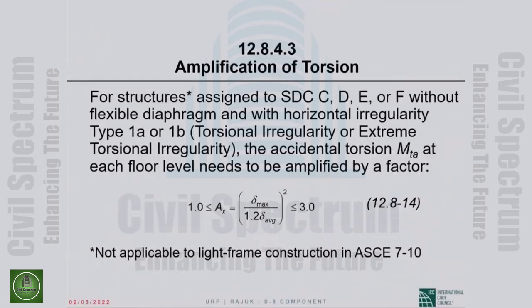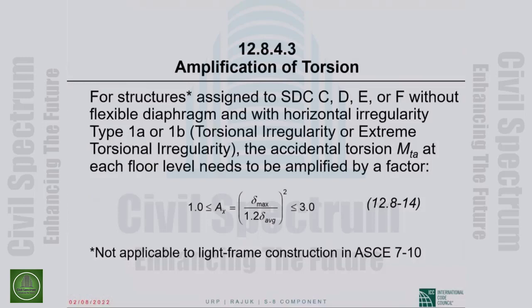So the first thing is 25% increase. Second thing you look at is the table permitted analytical procedure. The third thing is the amplification of accidental torsion. This is required for type 1A and 1B buildings. So this is another section that is triggered, 12.8.4.3.